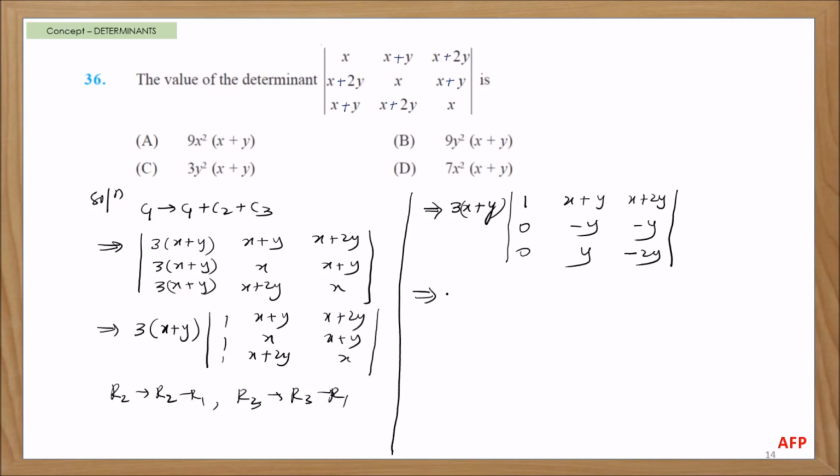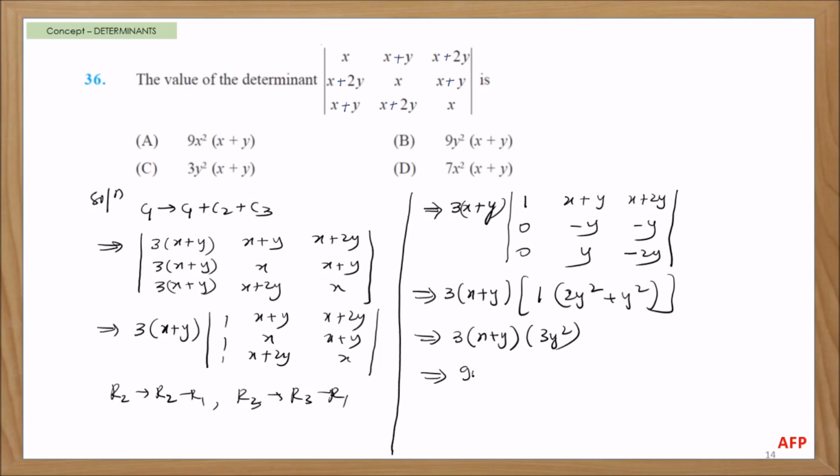So if you go for expansion along first row, 1 times minus 2y square plus y square, which is nothing but 3y square, so which is nothing but 9y square times x plus y, which is the answer.